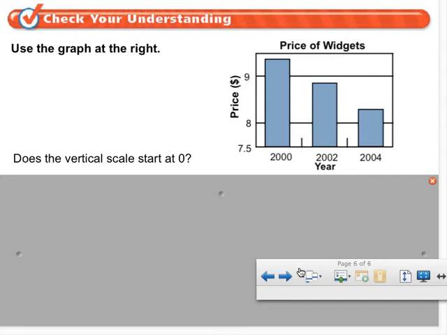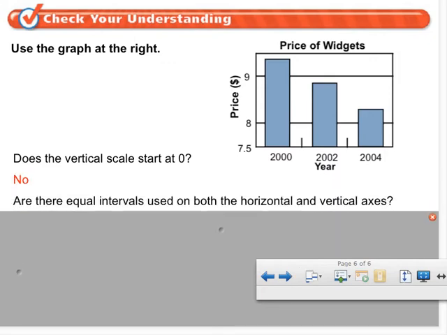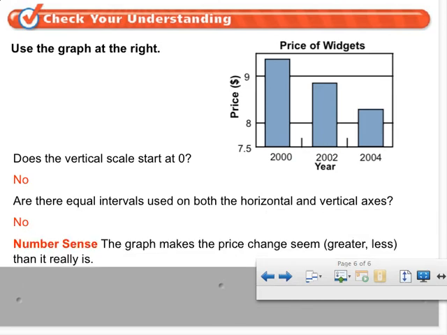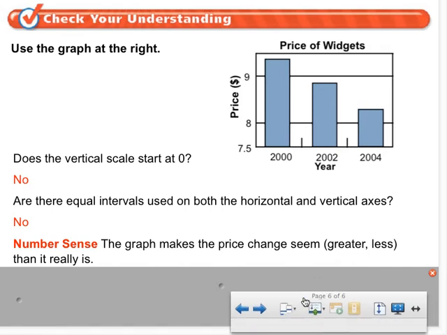Use the graph at the right. Does the vertical scale start at 0? No. Misleading. Are there equal intervals used on both the horizontal and vertical axes? No. Misleading. The graph makes the price change seem greater or less than it really is. Yes.